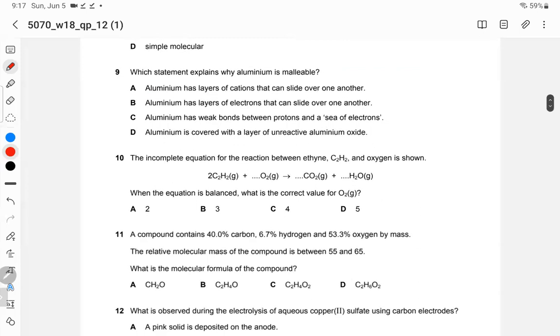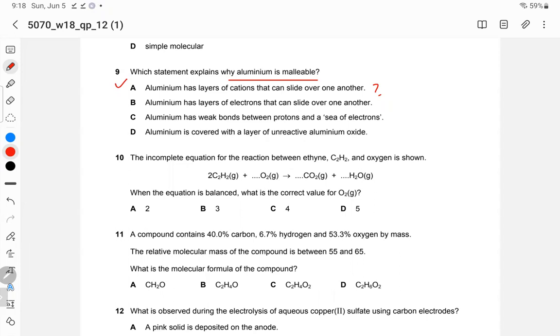Now question number 9. Which statement explains why aluminium is malleable? Aluminium has a layer of cations that can slide over one another. Is this a correct statement? Yes, it is. But we have to check the rest of the statements as well.